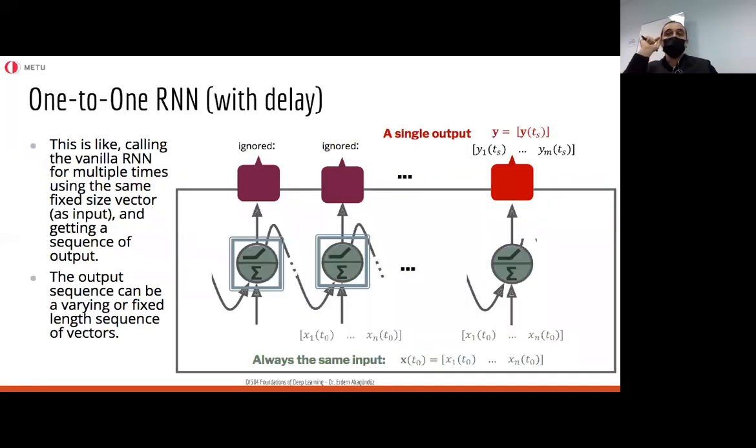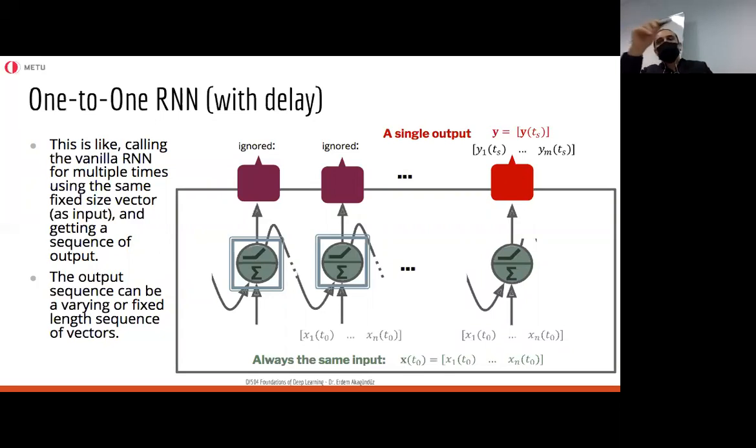Okay, so this was a one-to-many example. Now another example is one-to-one with delay. What is delay? Guys, I'm feeding a sequence and getting another sequence or a single result. Sometimes the network needs to evaluate for some time to make that decision. The sequence model needs to do this. We see this example a lot in control systems. If you're coming from an engineering background, especially electrical engineering, control systems have some sort of natural delay that comes from their nature. So some sequence models can be designed with delays, guys.